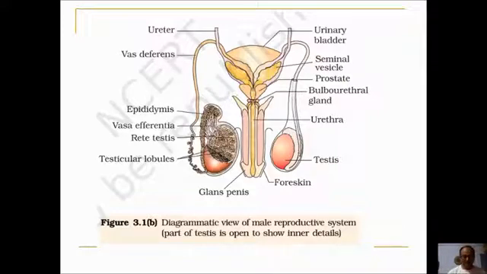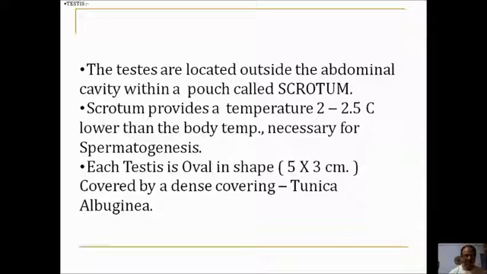The primary organ that is involved in the production of sperm is the testis. So the role of the testis is major in the human reproduction process, or in the male reproductive process. The testis, as we have seen, is divided into different testicular lobules.